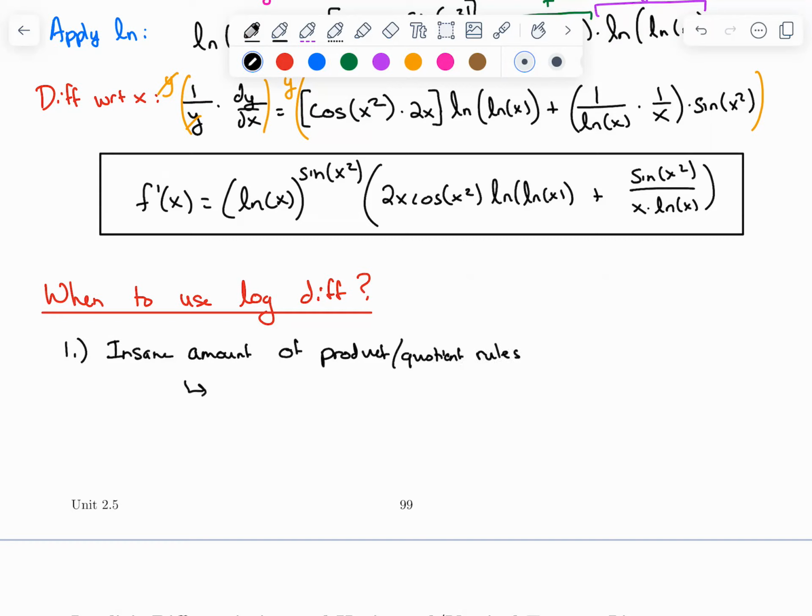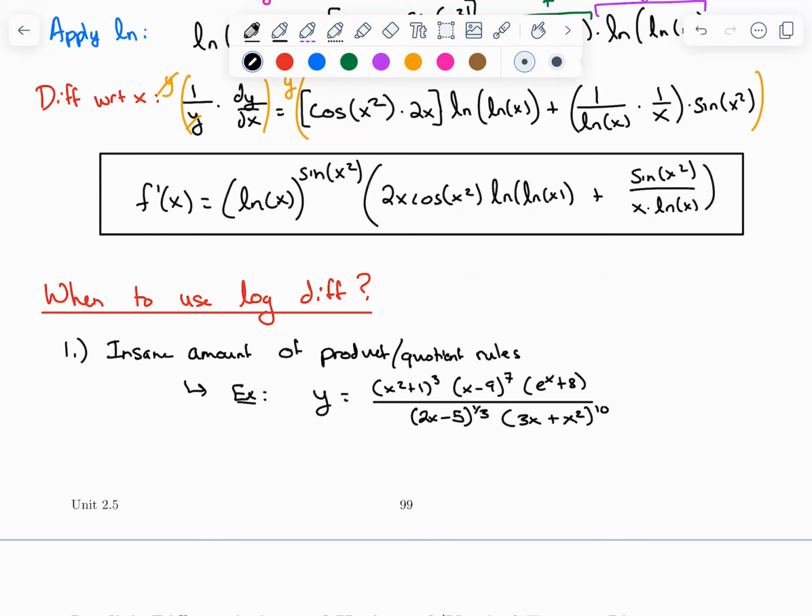As an example of this, let's say your function was y equals x squared plus 1 to the third times x minus 9 to the seventh times e to the x plus 8, divided by 2x minus 5 to the 1/3 times 3x plus x squared to the 10th.